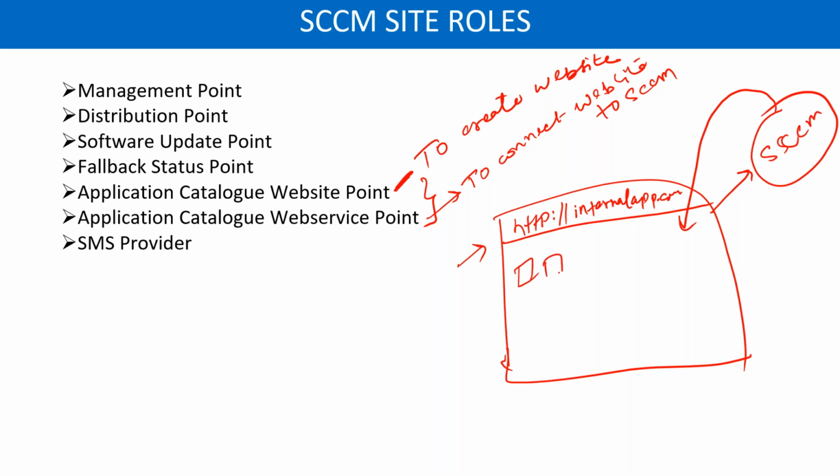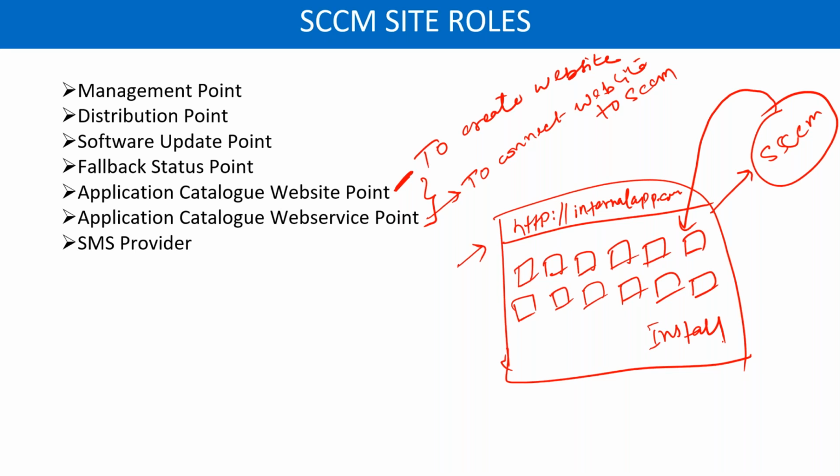You can publish applications onto this website, just like Play Store, guys. You keep all the applications on that website, and as and when somebody needs an application, they can go to that website, and you will have an install button here. You can choose the application and click on install. It will get installed. Understood?